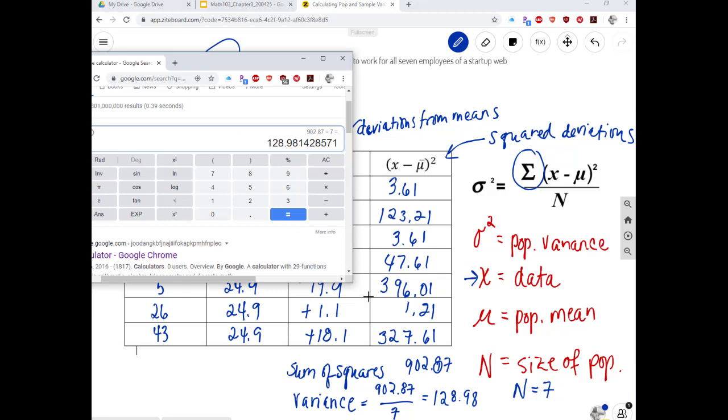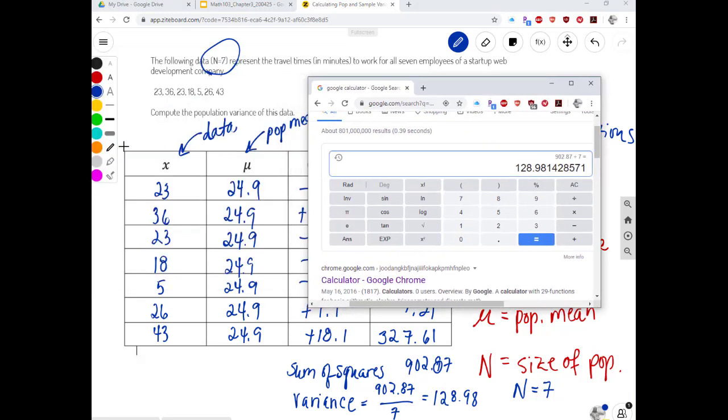Okay, this is my population variance. Why? Because I had all the data. I had everybody that worked at that company. I was able to take the information of how long it took each of them to get to work, and I was able to calculate the true variance for the population, for everybody that worked there. This was not a sample, that was everybody that worked there.